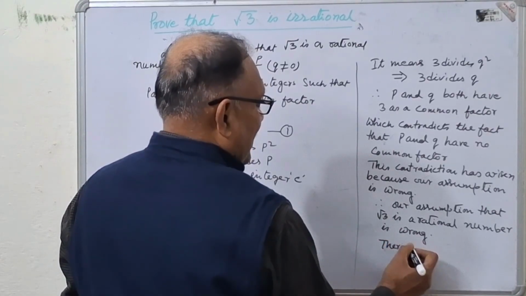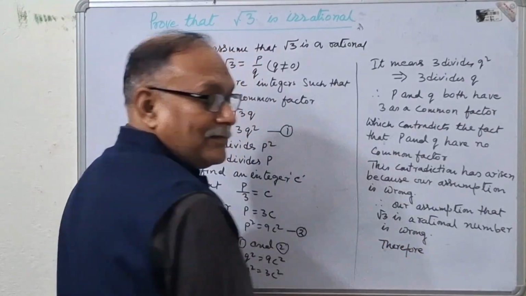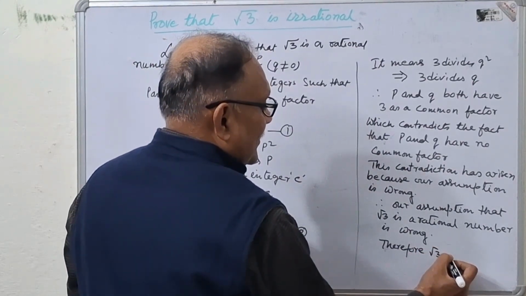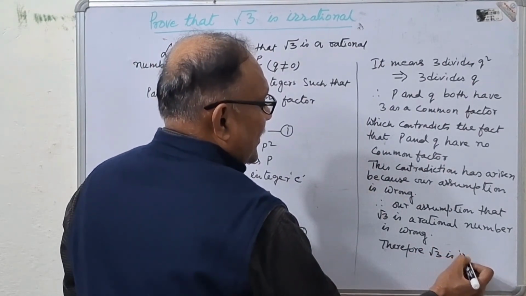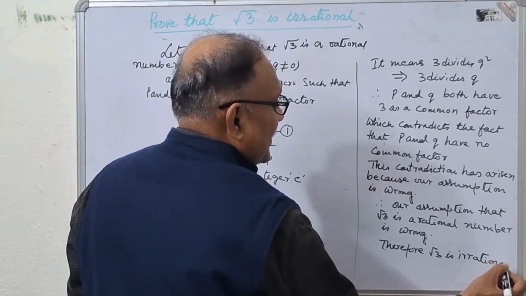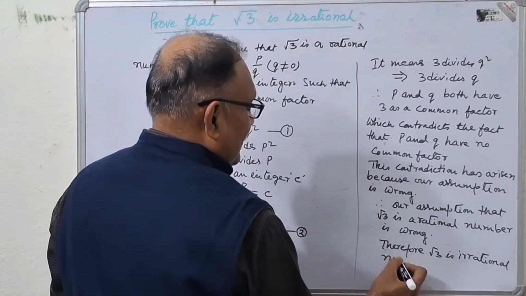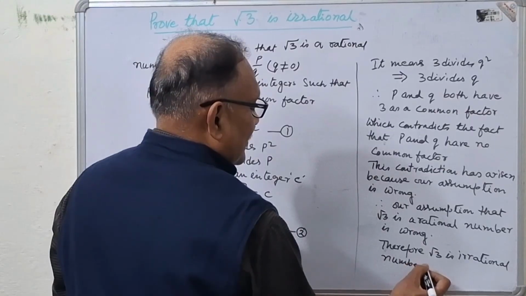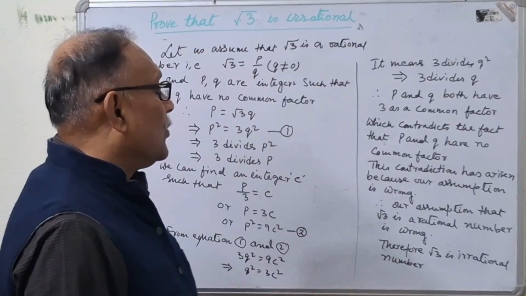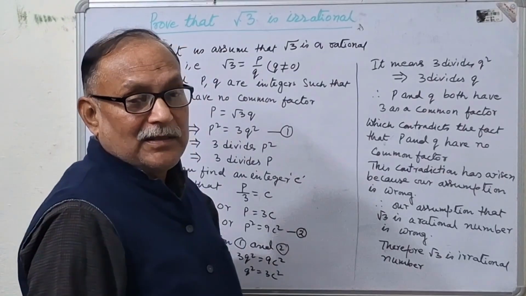Therefore, square root 3 is an irrational number. So finally we have proved that root 3 is an irrational number.